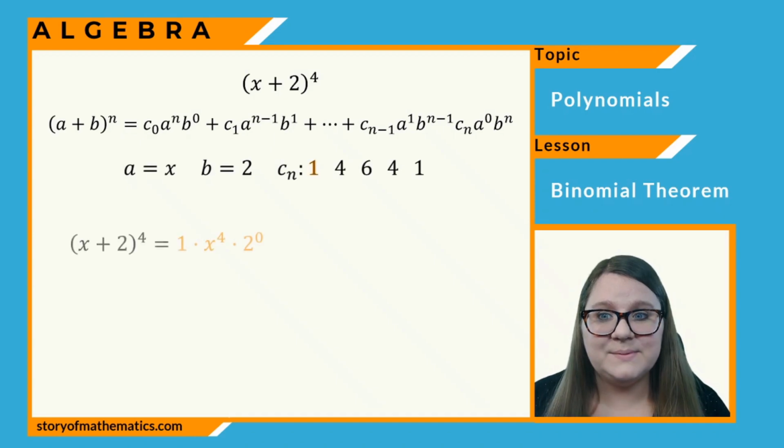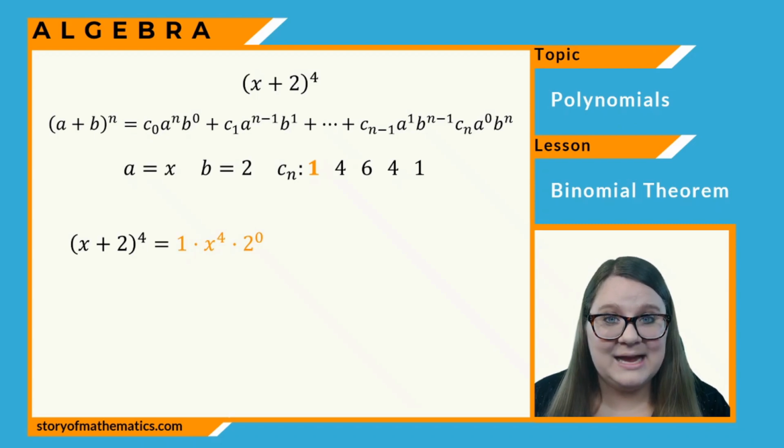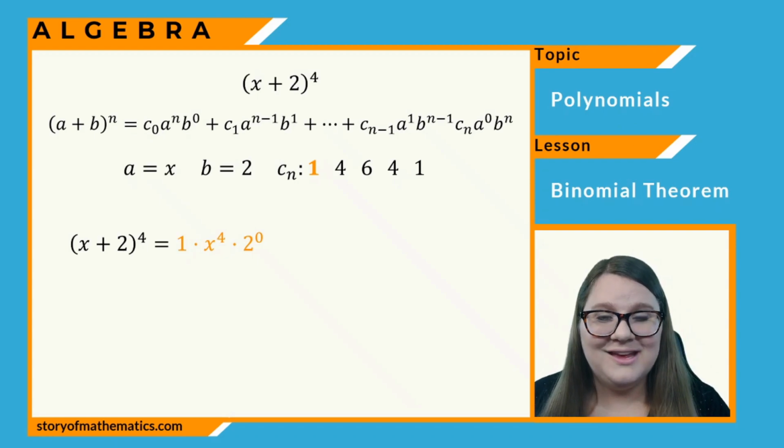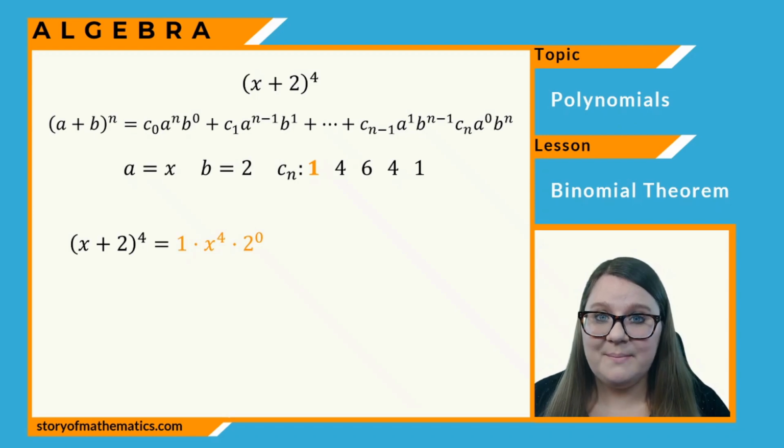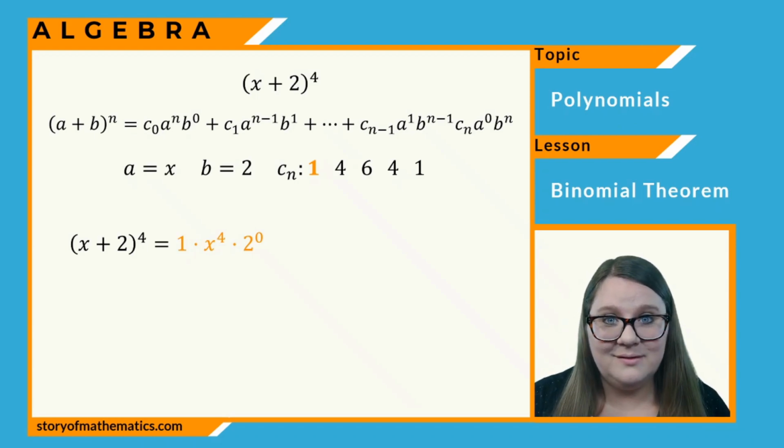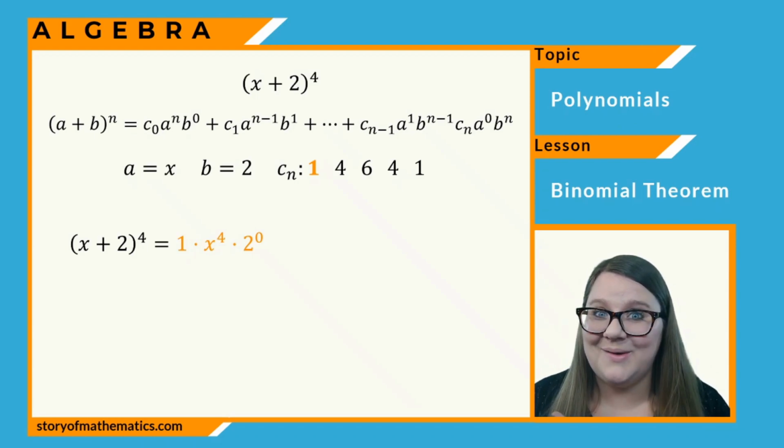So I have (x + 2)^4. My first number is a 1. Then I take my a, which is x, and I raise it to that n value, that 4. So I have x^4 times my b value, 2, raised to the 0. Now remember, as I go on, I'm going to use the next c value, and my exponents for the x's are going to go down, and my exponents for the 2's are going to go up.